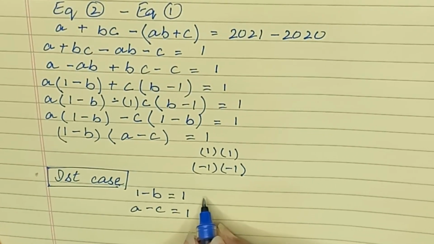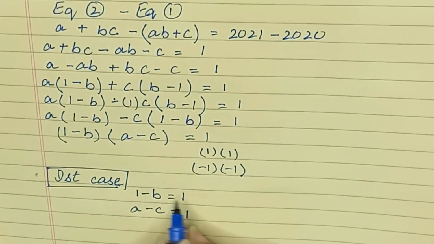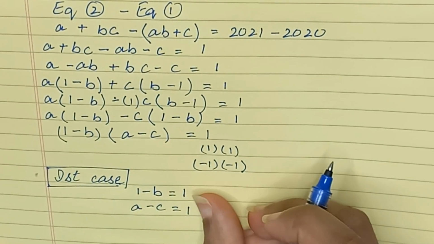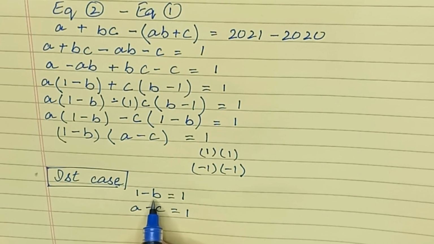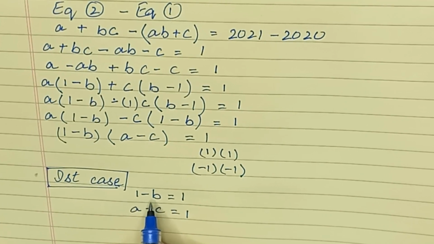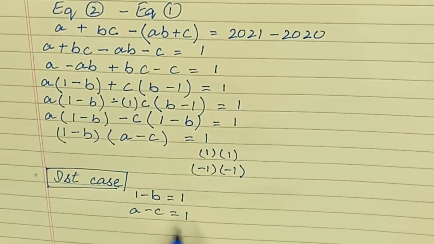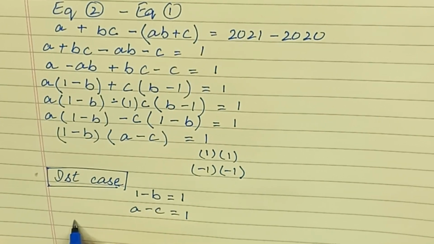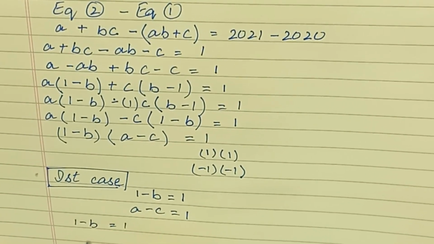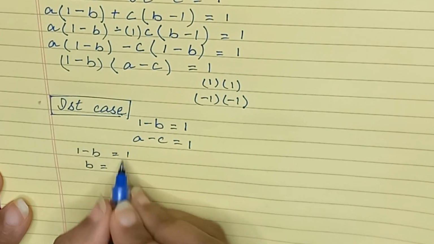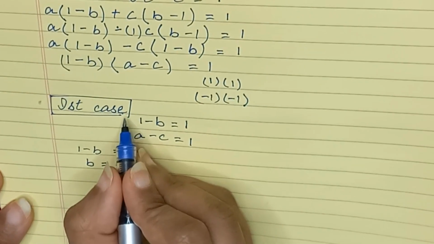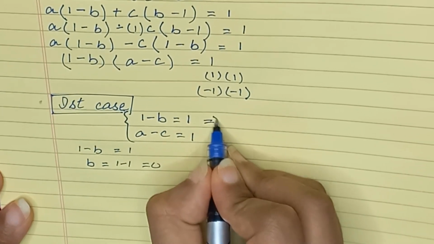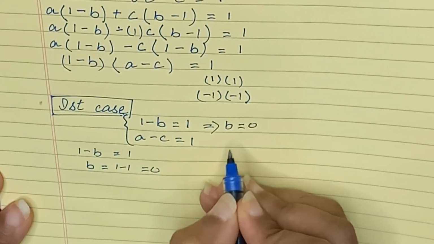First of all we will solve the first equation and find the value of b, because it has only one variable. So 1 minus b is equal to 1, so from here b is equal to 1 minus 1, which is equal to 0. So b is equal to 0.